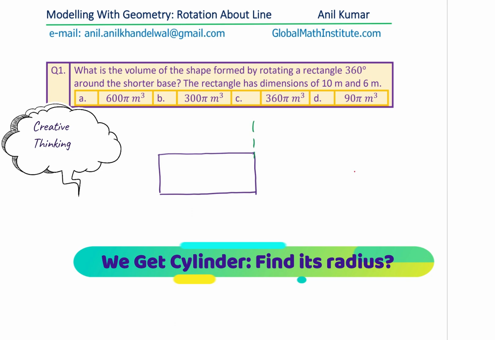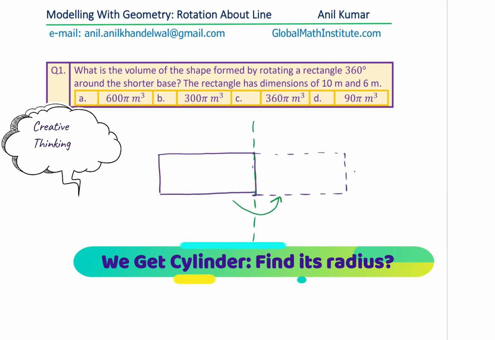Do you see this? This is fixed. And now it is being rotated, right? So let's say it is being rotated. Then what happens really is that we get a cylinder, of course, but the position of the cylinder is horizontal as shown here. Do you see this?